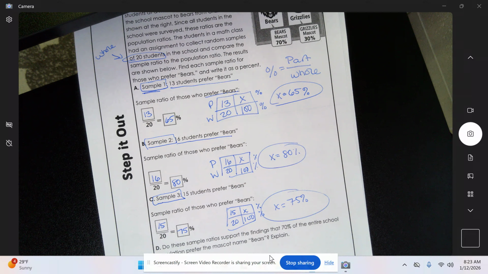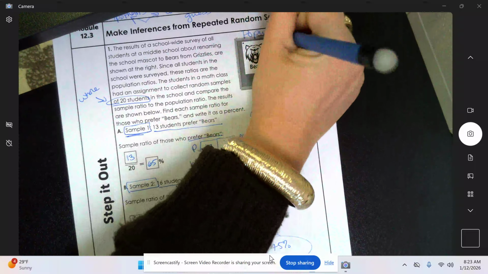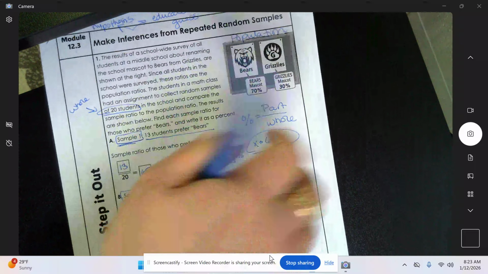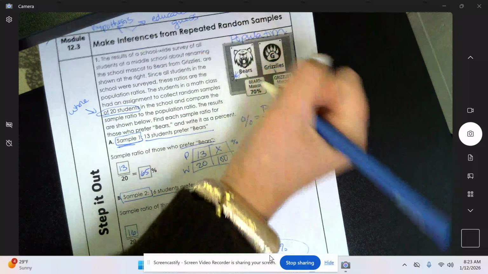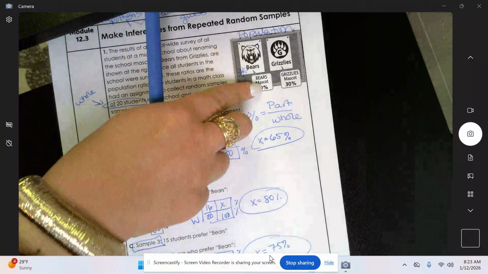What was the original percent? Original ratio? This is the population, and these are the samples. And we care about the bears. How do our samples compare to the population?